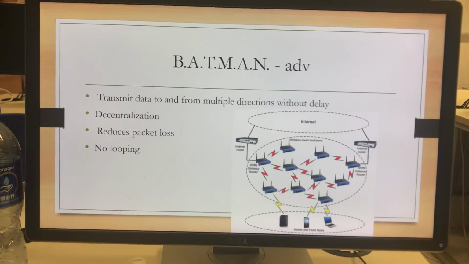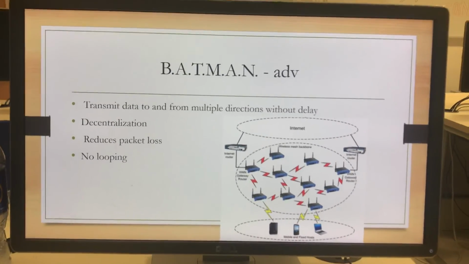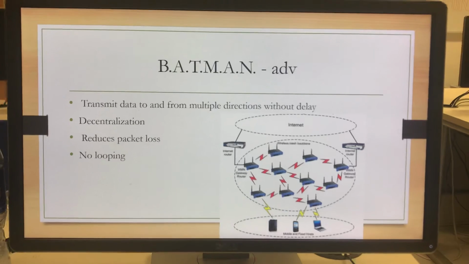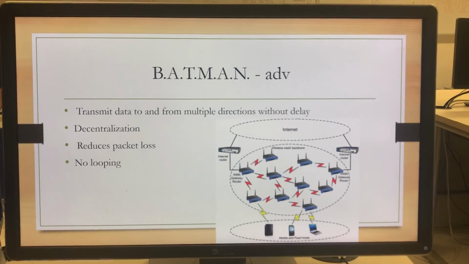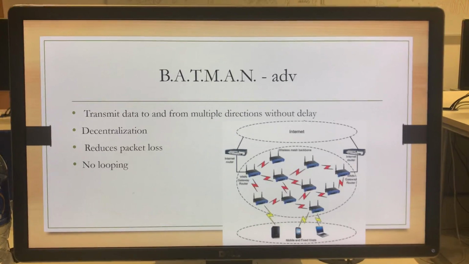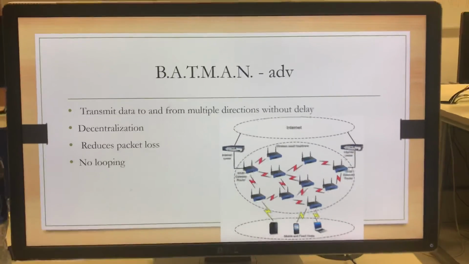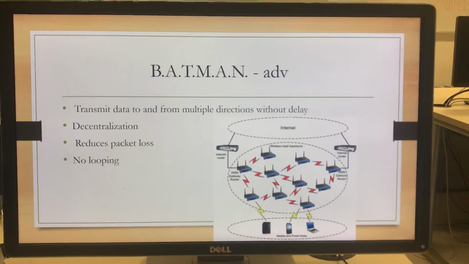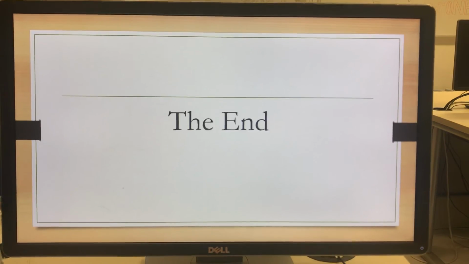For example, node 1, which is the source node, it won't happen. So it's a very efficient feature of BATMAN that it does not contain the looping phenomenon. So that's pretty much how the BATMAN protocol works.